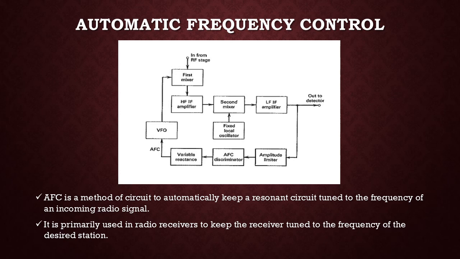This is the block diagram of AFC. You all know the parts of this block diagram: the first mixer, second mixer, fixed local oscillator used for the carrier signal, and the VFO. AFC was mainly used in radios and televisions. This is clear to you, I believe.